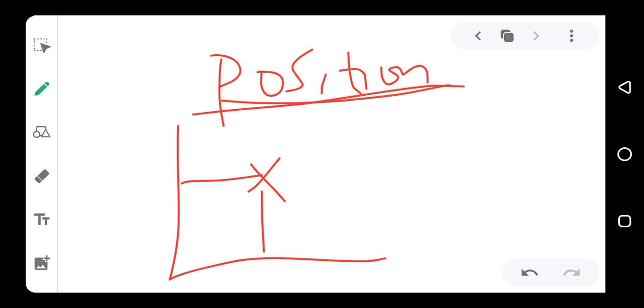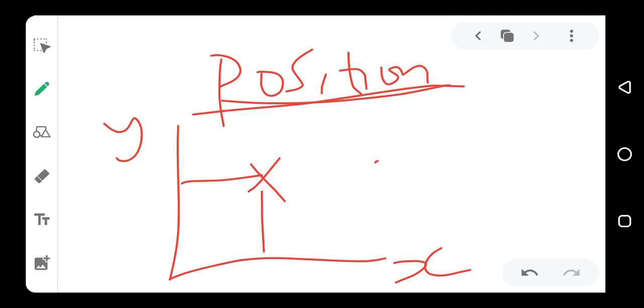We use it to determine the position of a body. Every body in space has coordinates we call x and y coordinates. If you want to locate any object in space, you have to find its x and y coordinates. If this is a graph, the vertical axis is called the y coordinates and the horizontal axis is called the x coordinates.